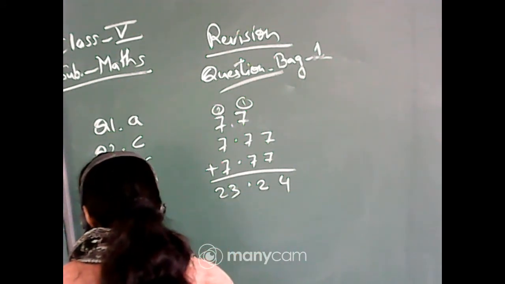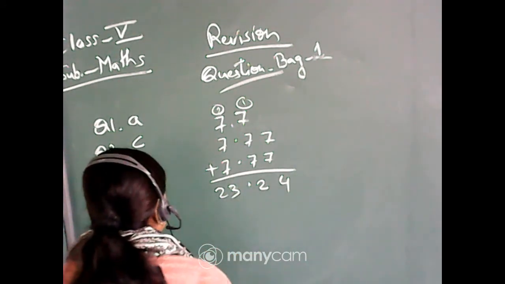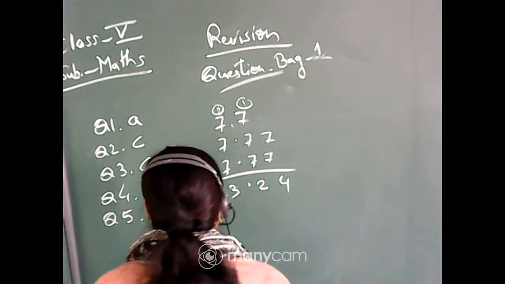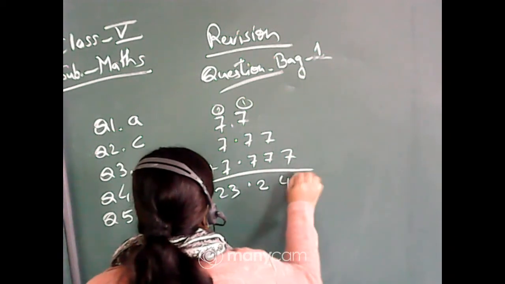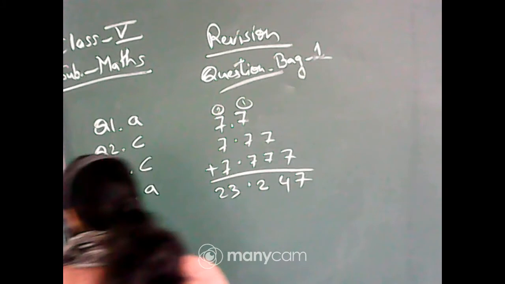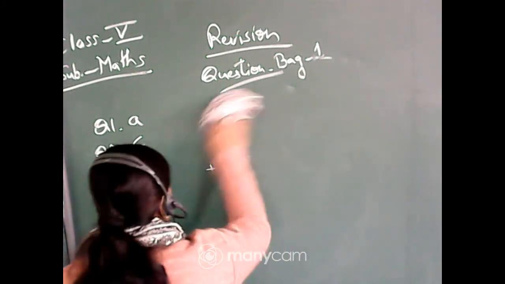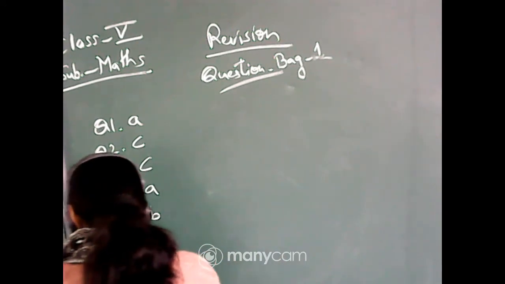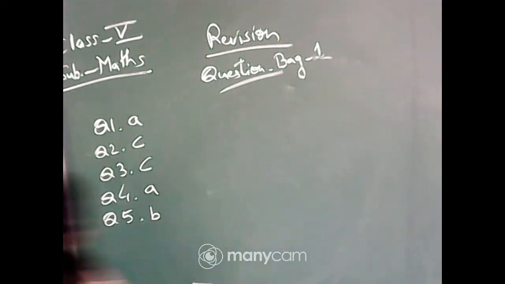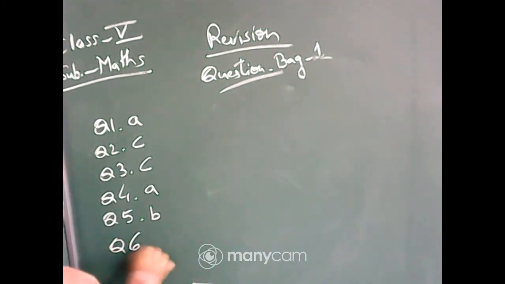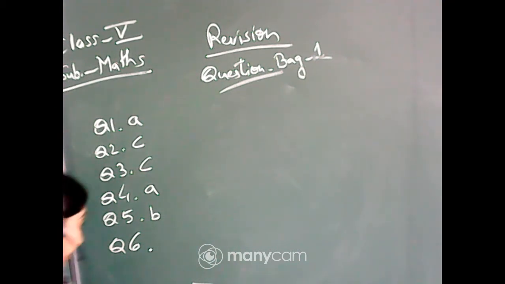That means option number B. One more 7 will be here. That is option number B. So give a tick mark in option number B for question 5.